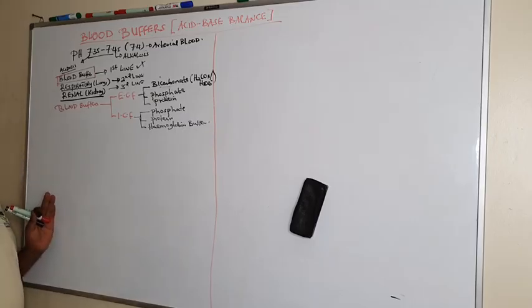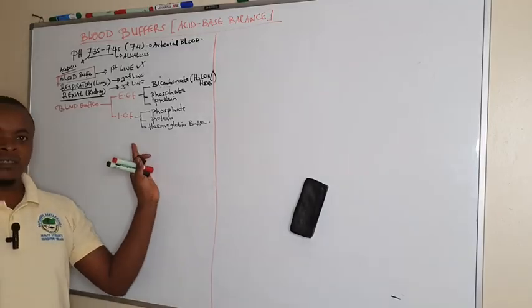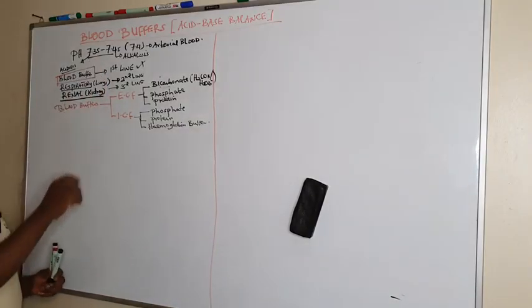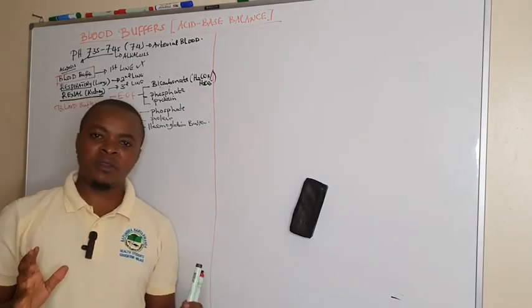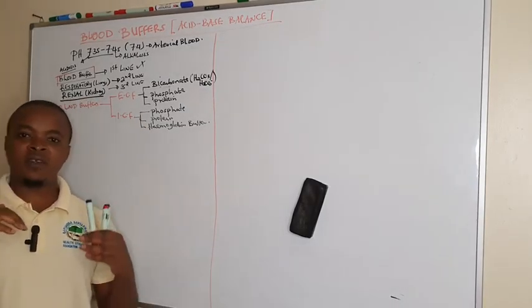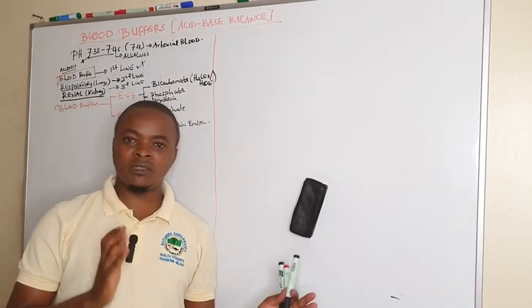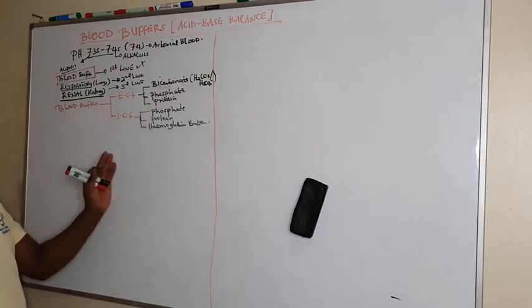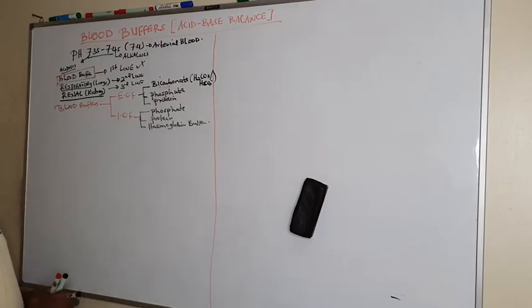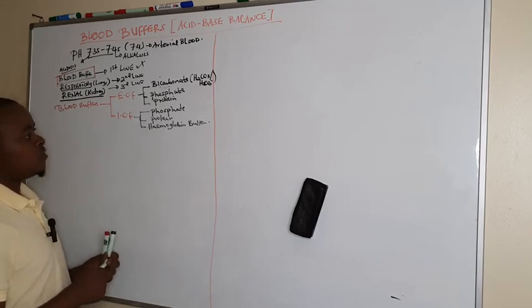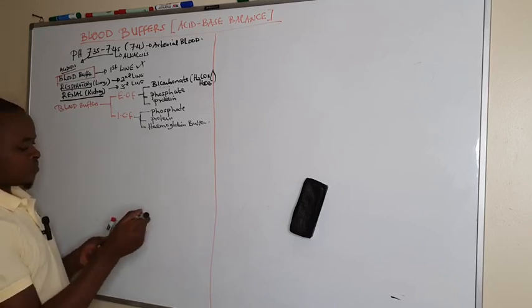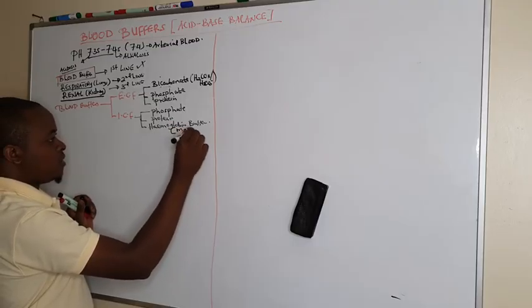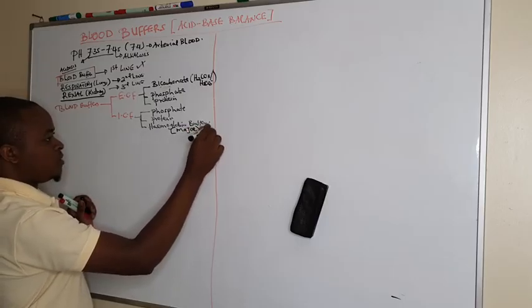So these are the physiological buffers of blood that ensure the pH of blood is maintained between 7.35 and 7.45, to prevent either acidosis or alkalosis. After looking at this, we are going to see the mechanism of action of each. And before we forget, the principal and major buffer in the intracellular fluid is hemoglobin, that is in RBCs.